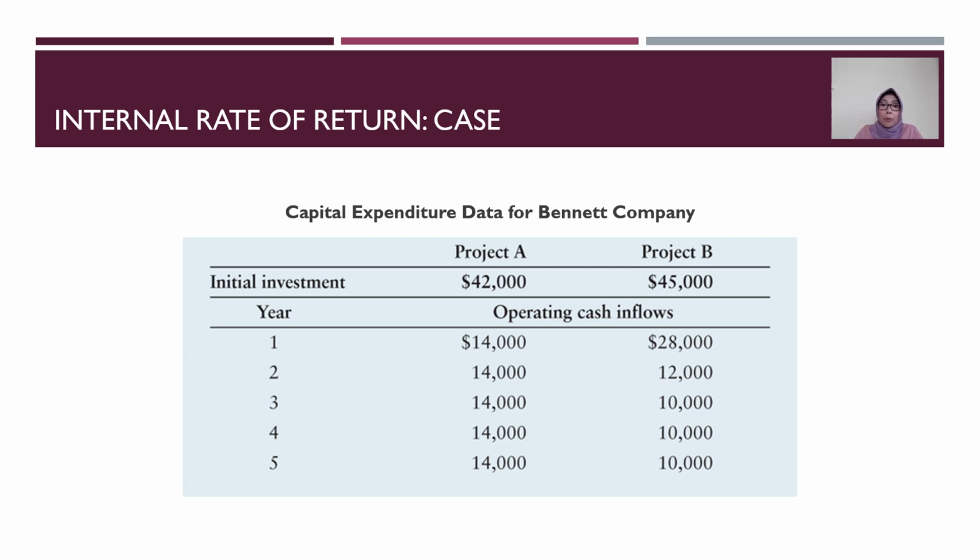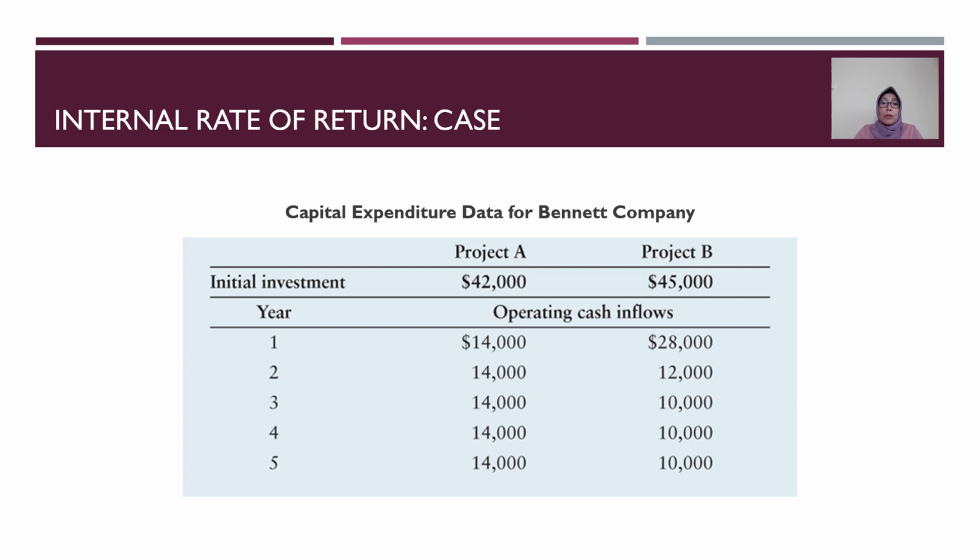For project A, you can see there is an initial investment of $42,000, and the operating cash inflows are equal from year 1 to year 5. Or we can say that project A has an annuity operating cash inflow.